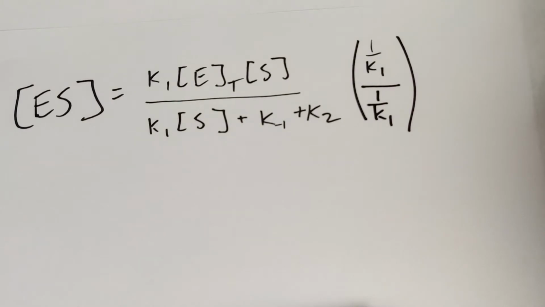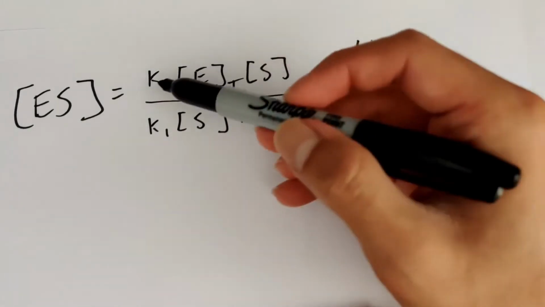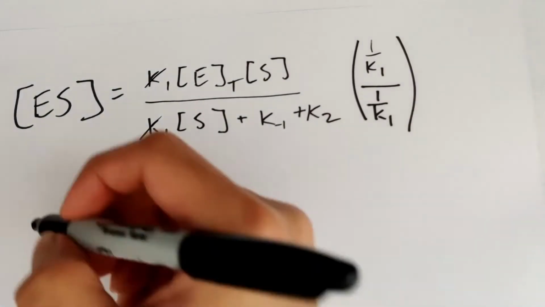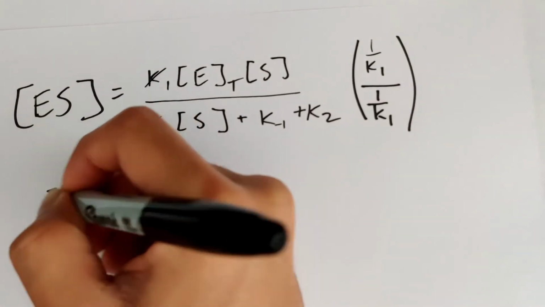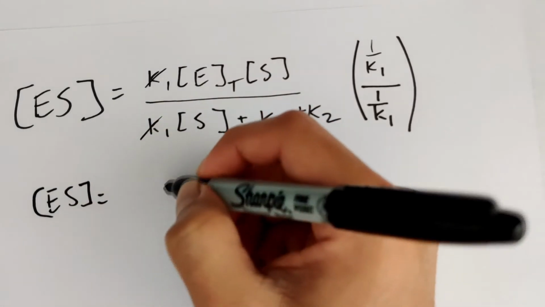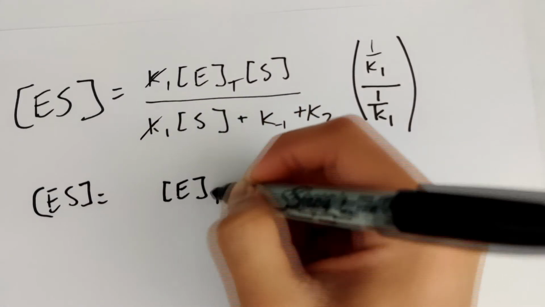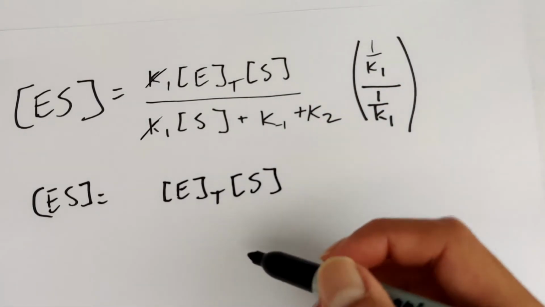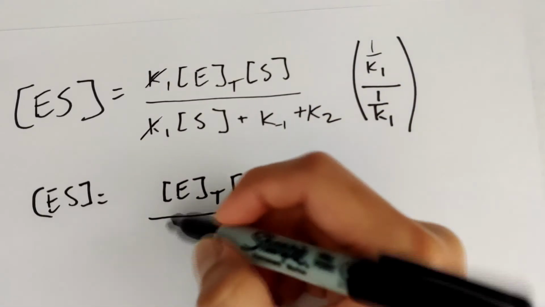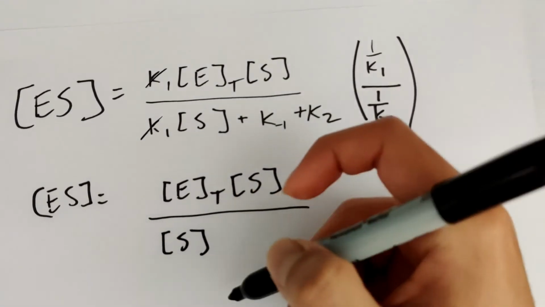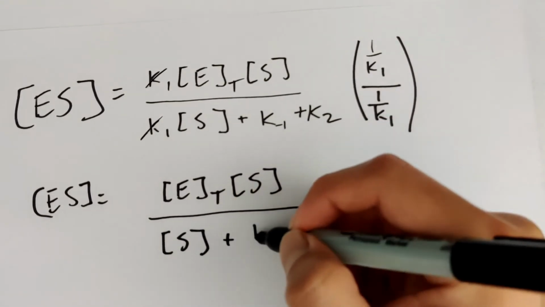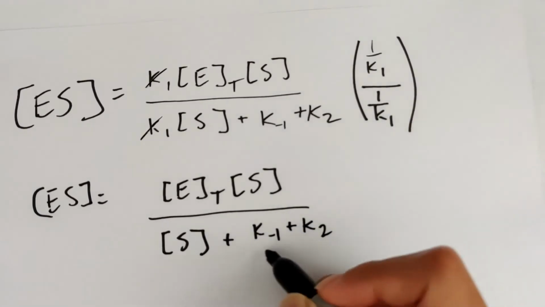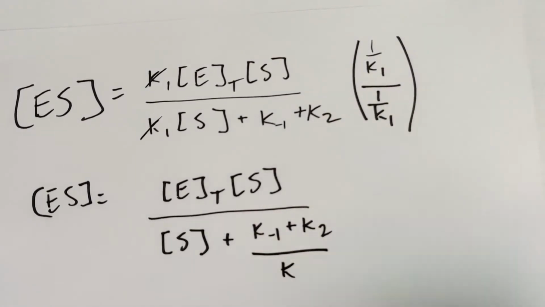So what this does for us is it removes K1 from up here, and as a result, what we should get is total enzyme concentration times substrate concentration over substrate concentration plus K minus 1 plus K2 divided by that K1, right?